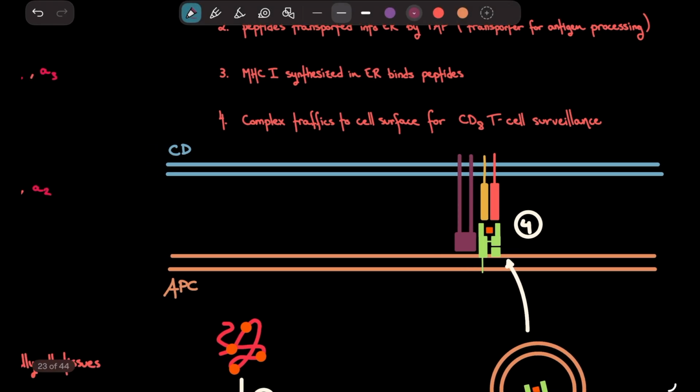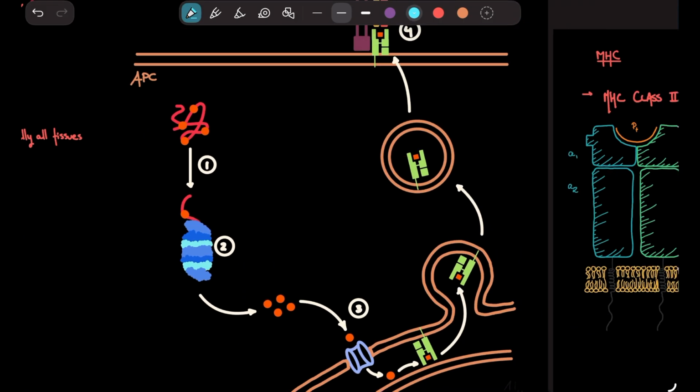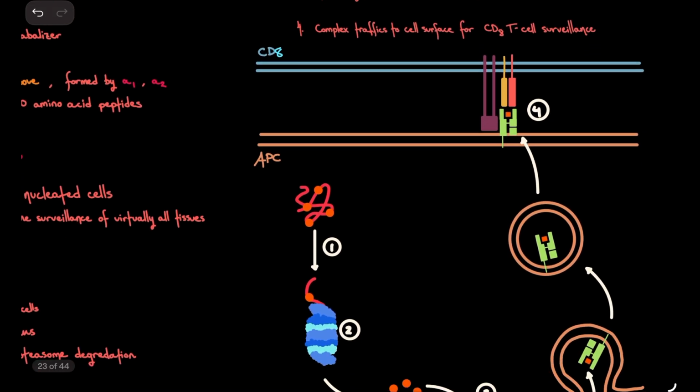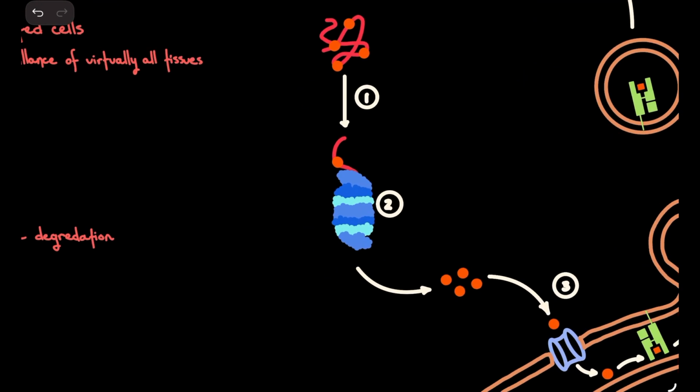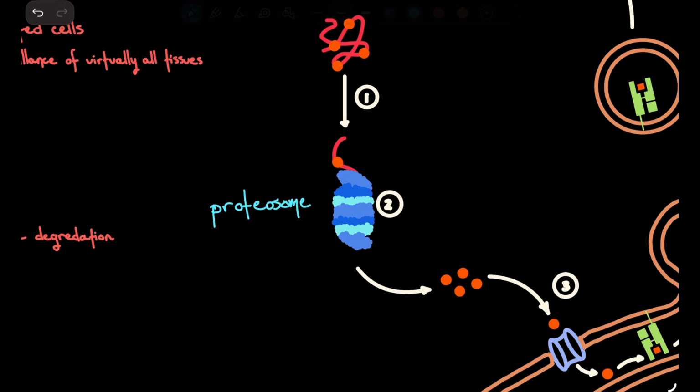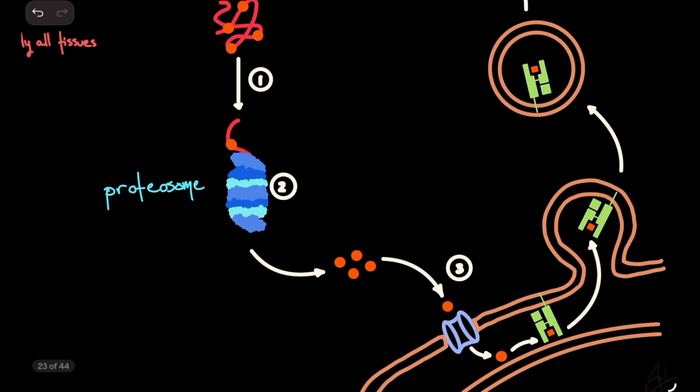Ooh, we forgot something here. There we go. All right, so let's walk through that again. Step 1, protein degradation. So here I just have a random protein floating about in the cell. Then I have a proteasome down here, and it breaks down that protein into its constituent little amino acid chunks, little antigen chunks.